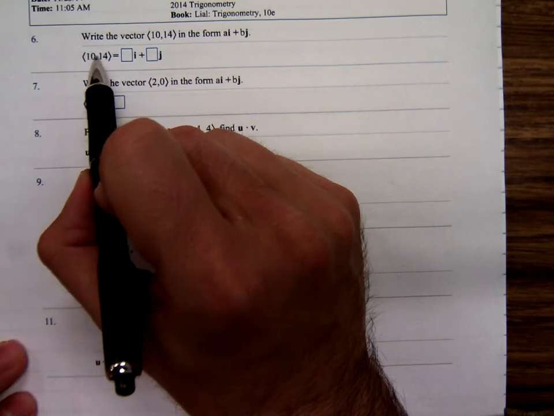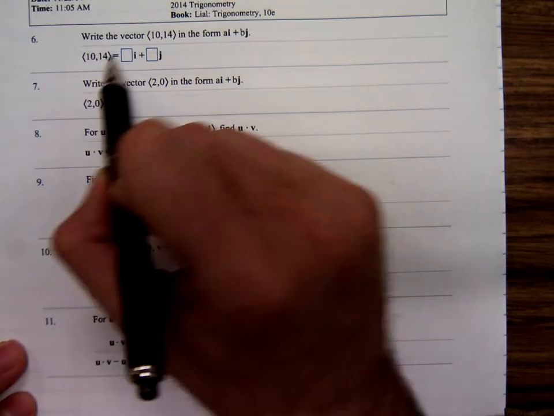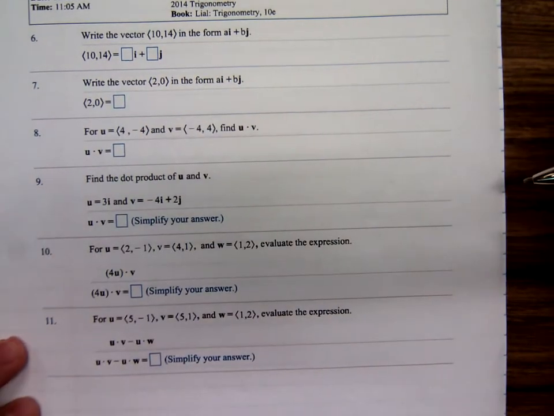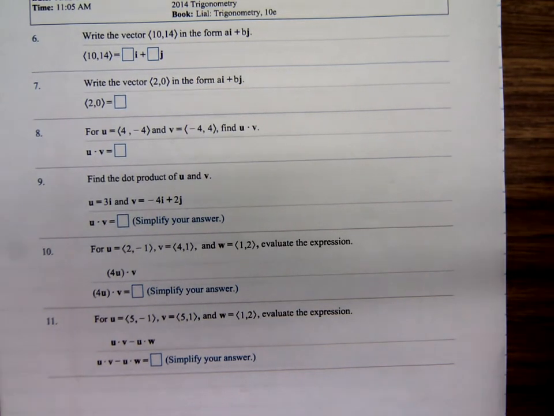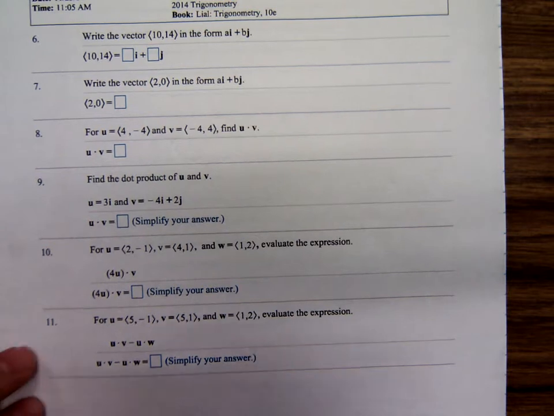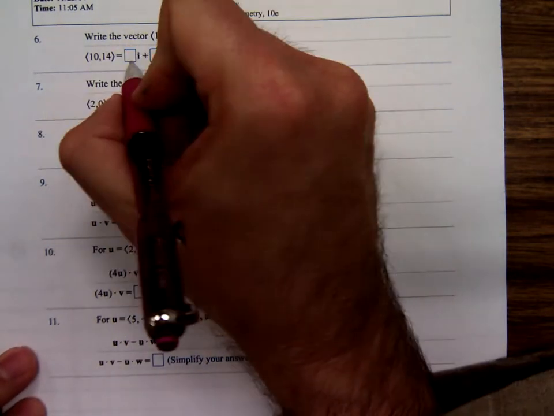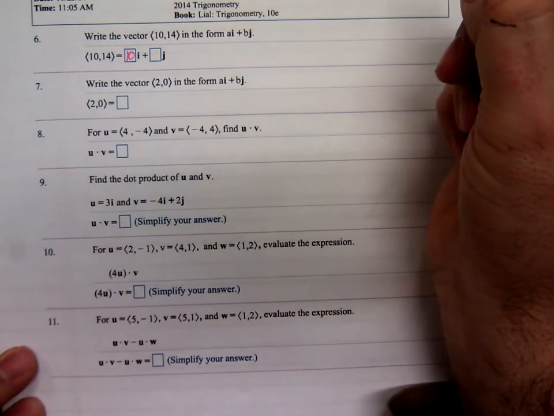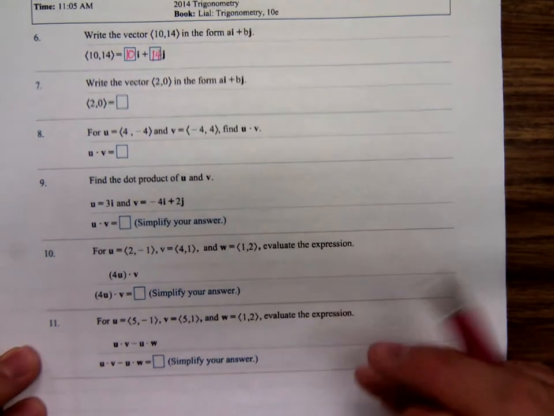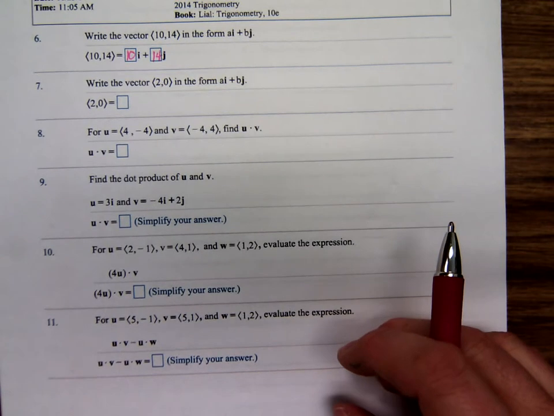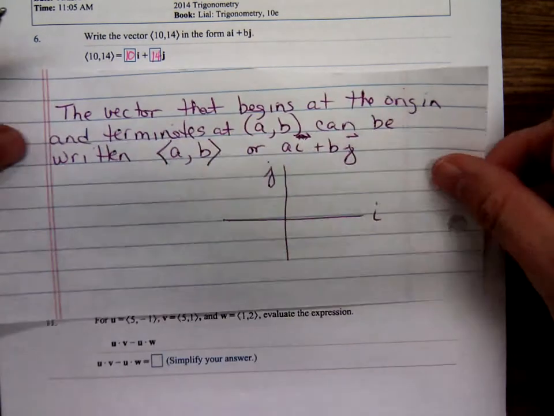10, comma 14, write it in the form AI plus B times J. Do y'all need my help on that? What number am I going to put in the first box? 10. In the second box, 14. That goes back to what I said at the beginning.